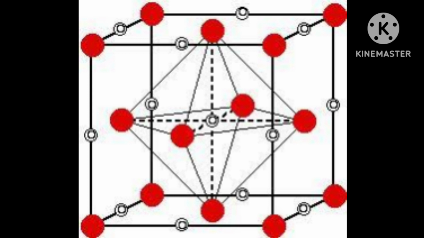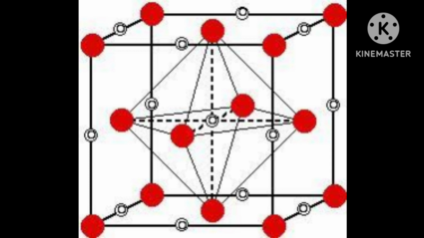But here what you have to think is that on the faces 6 atoms are there, but in the body center, consider there is no atom, only the surrounding 6 are there. In the body center, no atom is there. That you have to think. Then it is forming an octahedral shape.